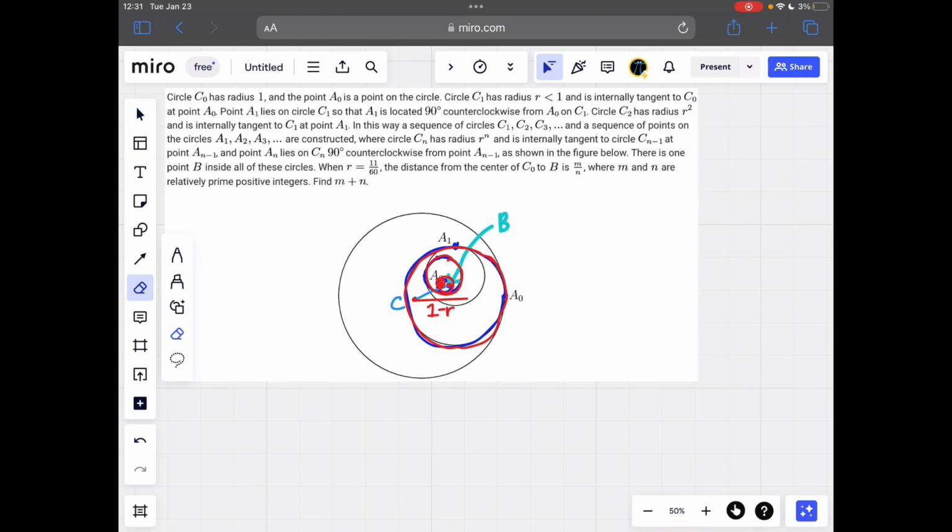So all we did was dilate it at C with ratio r, move the figure to the right 1 minus r, and then apply a 90 degrees counterclockwise rotation.